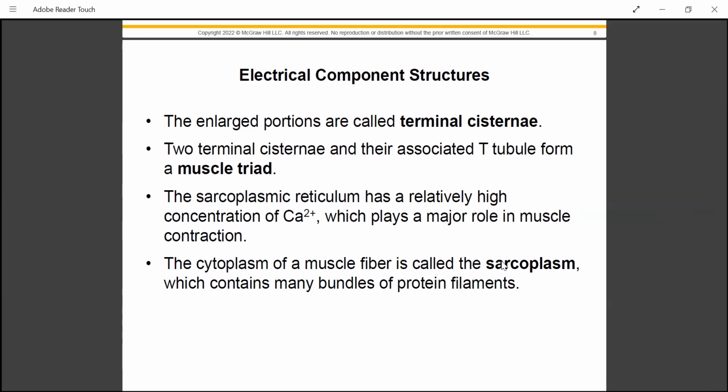So that's those enlarged portions of the smooth SR that are running near the T tubule. So two terminal cisternae and one T tubule is known as a muscle triad.